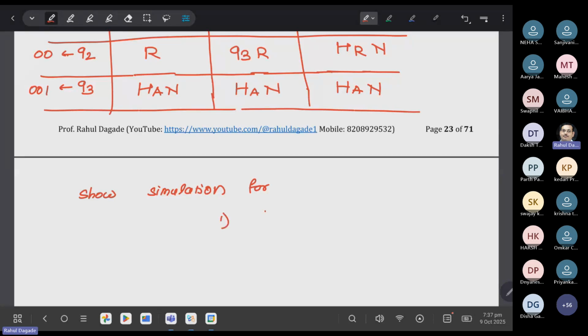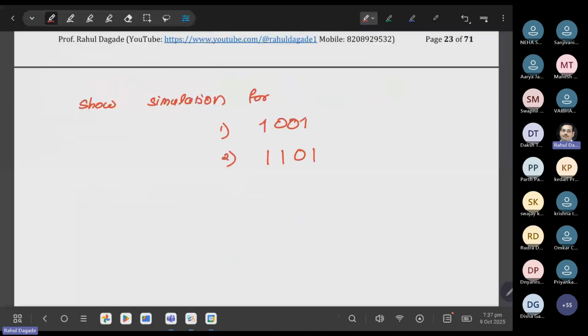Our input is 1 0 0 1, and let us take the second input 1 1 1 0 1. So let us take a simulation.